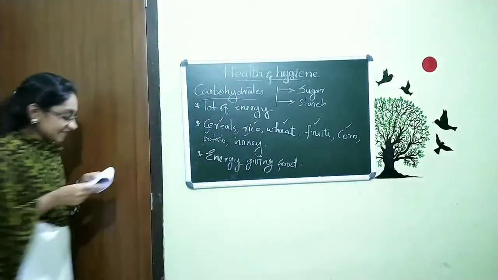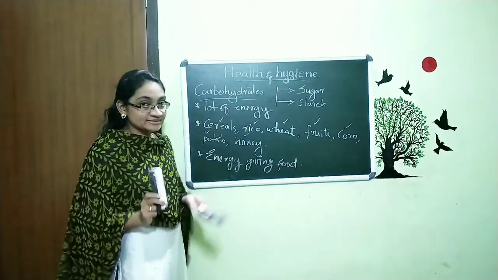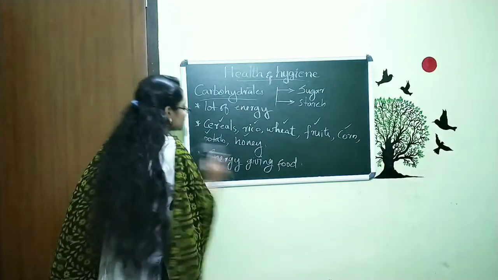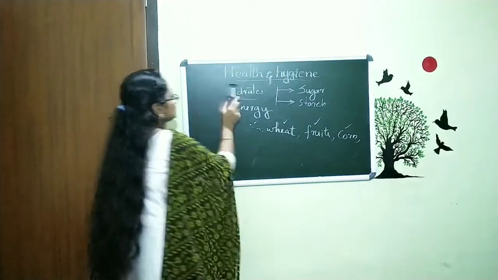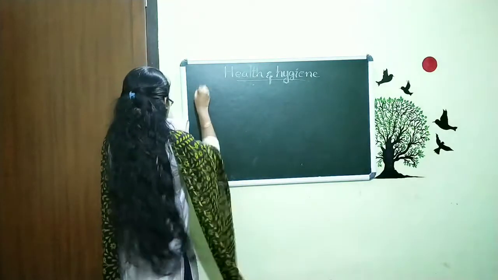Now we are moving to the next type, and that is fat. First we discussed carbohydrates, now we are moving to the second one, and that is fat. Where do we get this fat from?